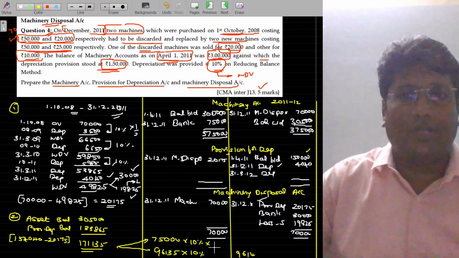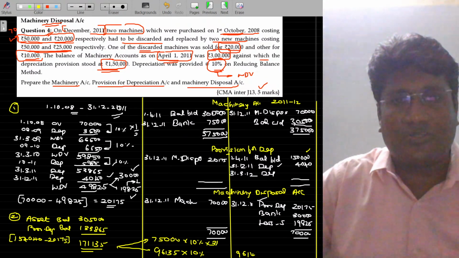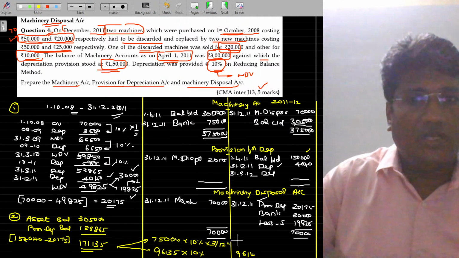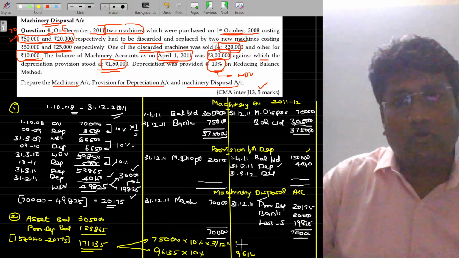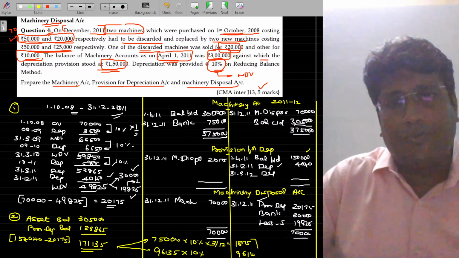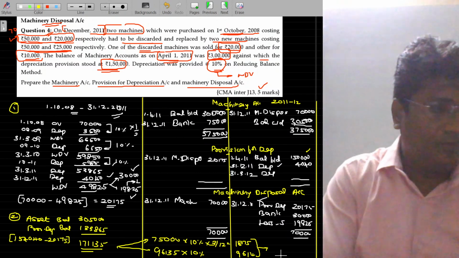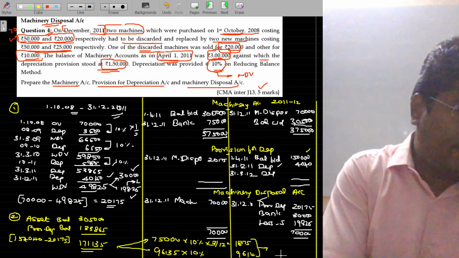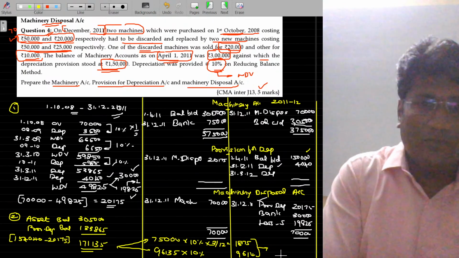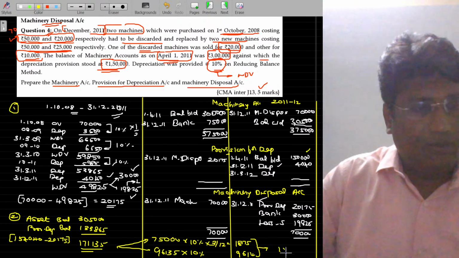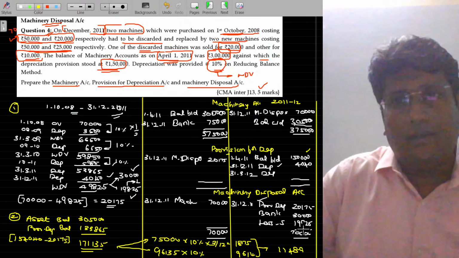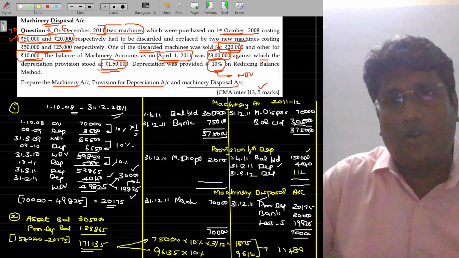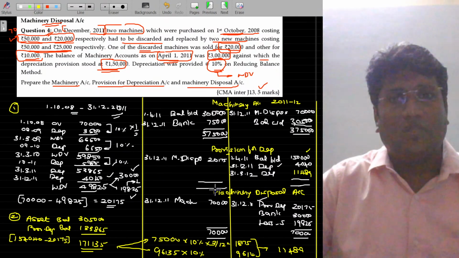January, February, March, only 3 months of depreciation will be eligible. So find out that, 1,875. The overall depreciation for the last year being 1,875 plus 9,614, right? 11,489. 11,489 will be the answer.